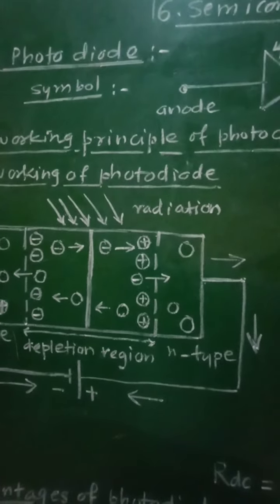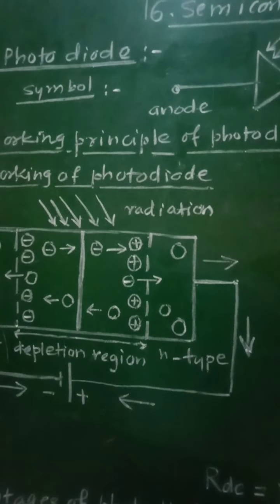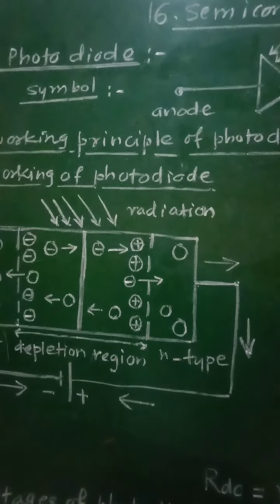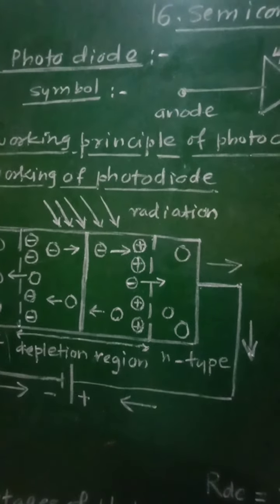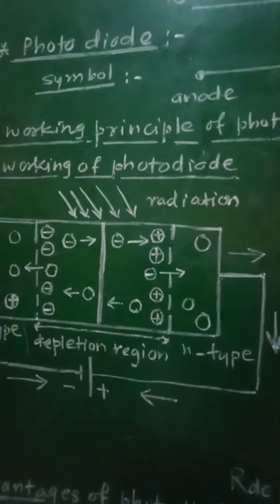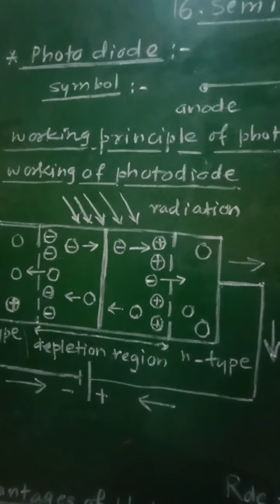If you consider the N region of the diode, it has electrons as majority carriers and holes as the minority carriers, and therefore the current in case of photodiode is always due to the minority carriers on both sides of this diode.